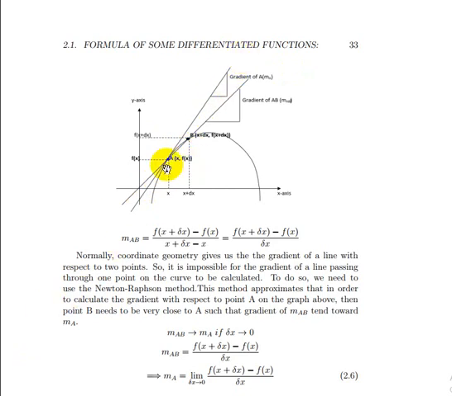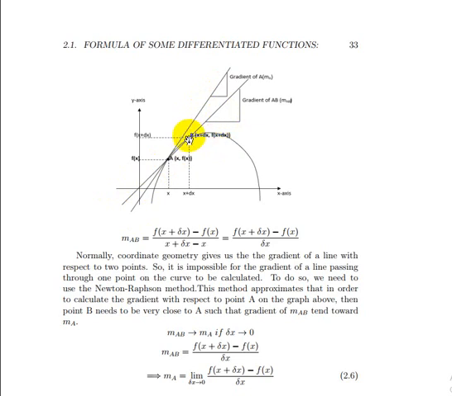Now, the degree of steepness of the line which links point A and point B passes in this direction here. But you realize that the degree of steepness of the line passing directly through point A, and the degree of steepness of the line passing through point A and point B, are different. Now, realize something.